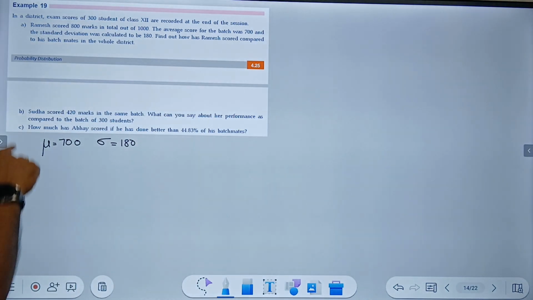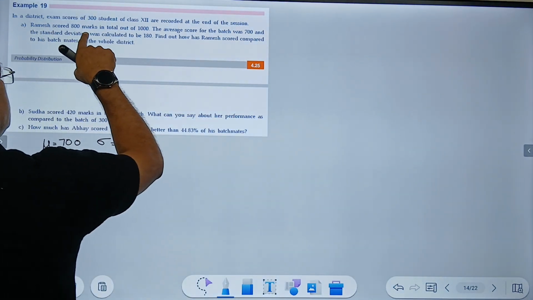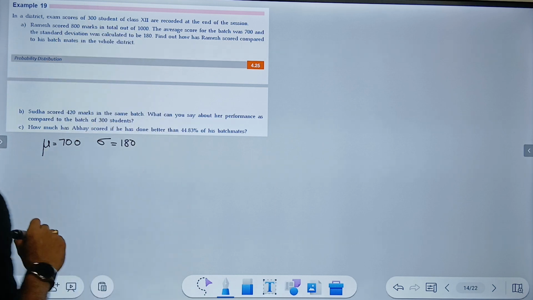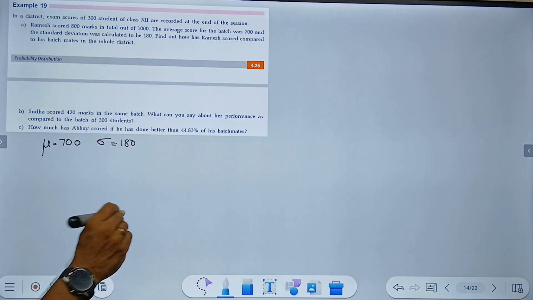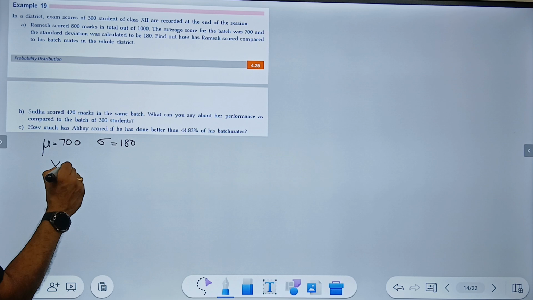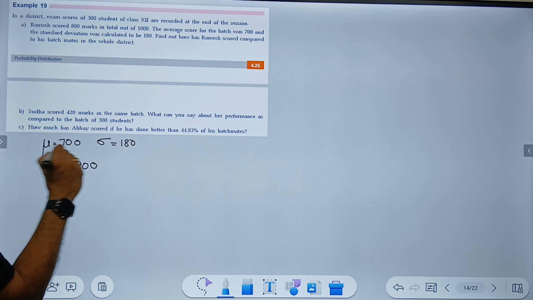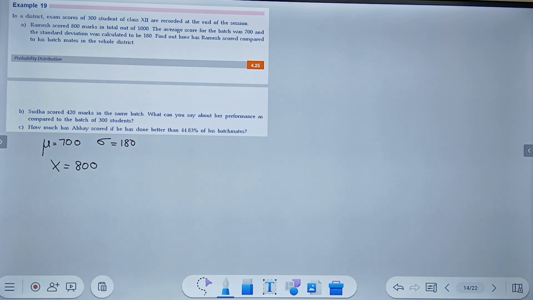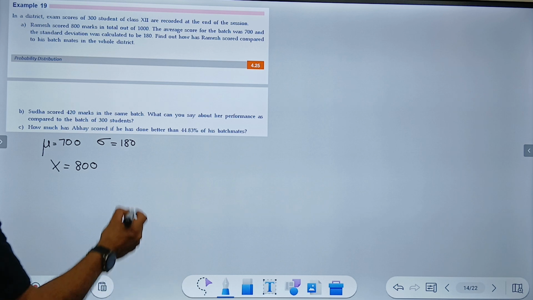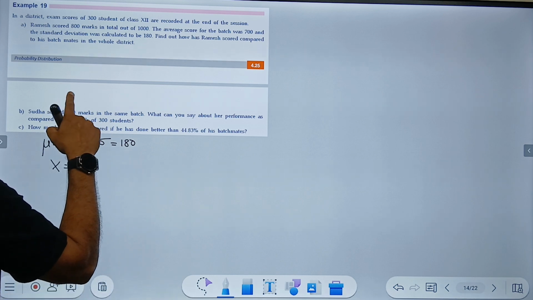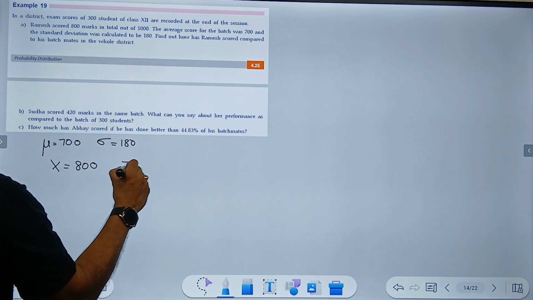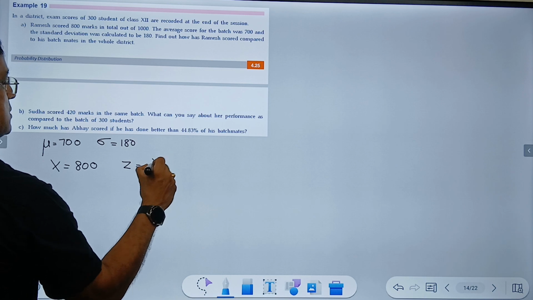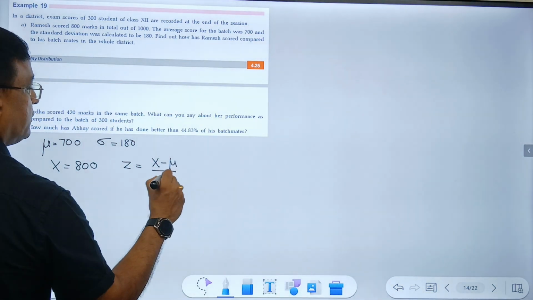Okay. How much Ramesh scored? Ramesh scored 800 out of 1000. So I want to find, when X is 800, what my Z score is. Okay, let us find what the Z score is. Z equal to X minus mu by sigma.